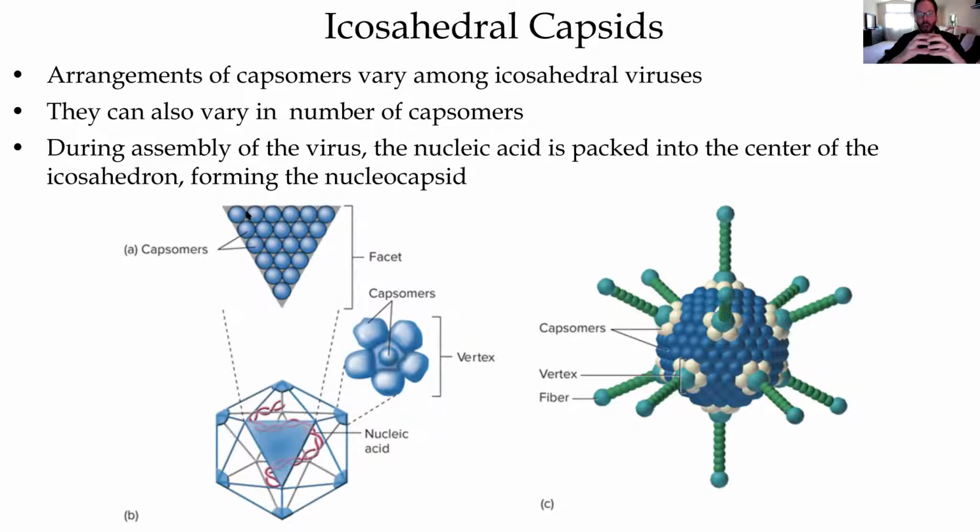And that all together forms what's called a facet. And then the facet is going to be one of those 20 different sides of the icosahedral capsid, okay? Does that make sense? So one of these things here makes up one of these things here. So one of those 20 sides is made up of a bunch of different capsomers coming together, okay?